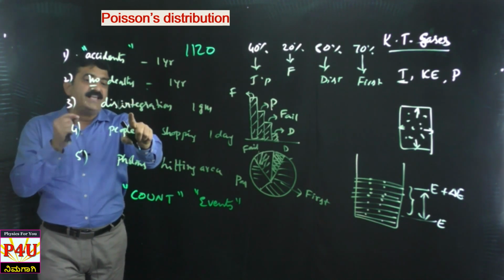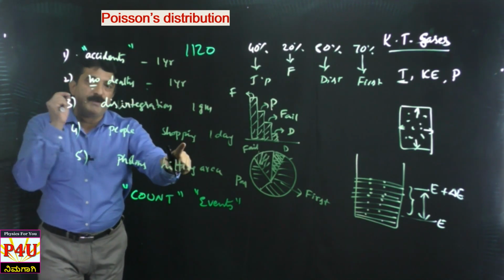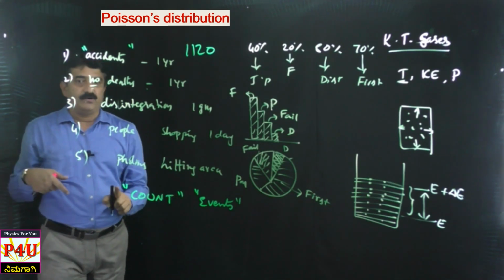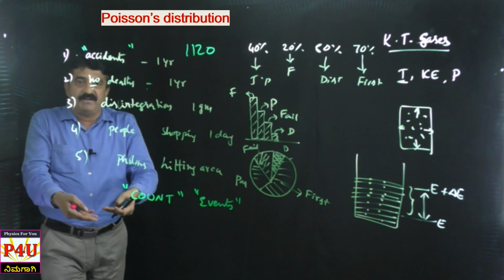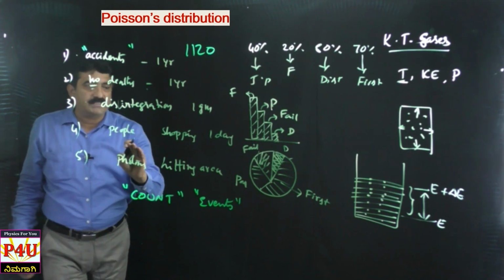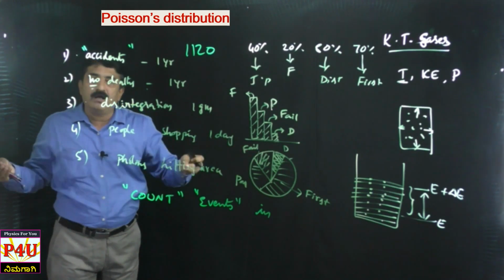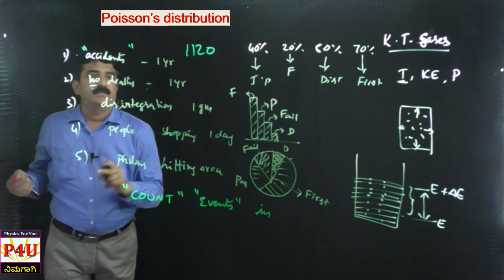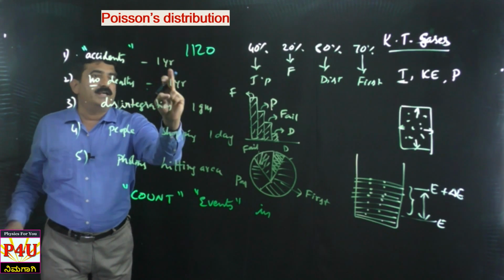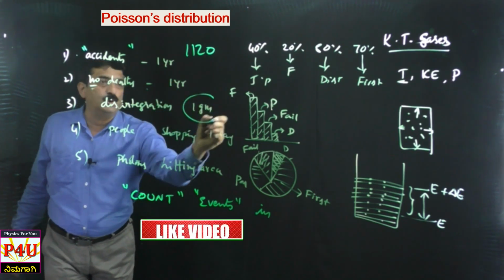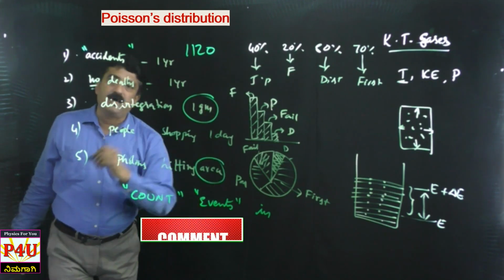Next, decay is an event. Visiting the shopping mall is an event. Hitting the board is an event. Laying eggs is an event. Counting events in an interval of either time, 1 year, 1 day, or mass or volume, or area or space.